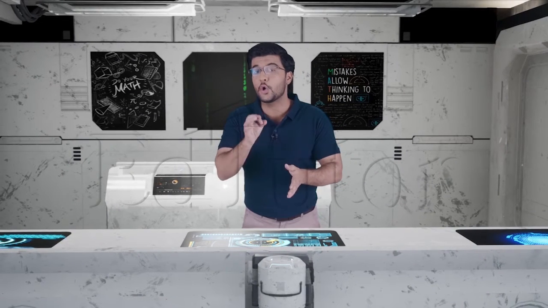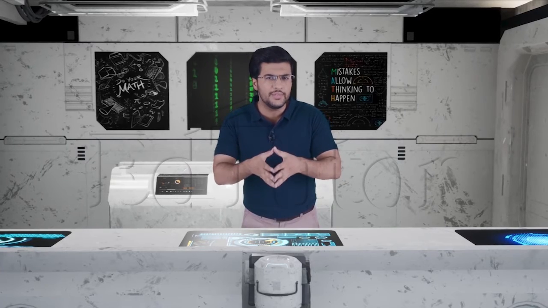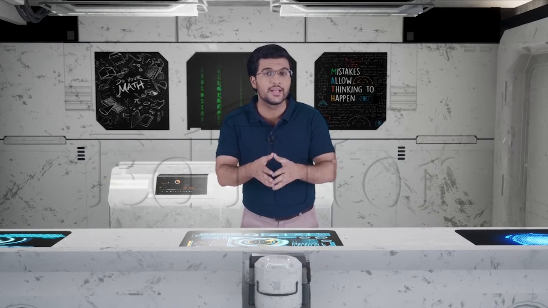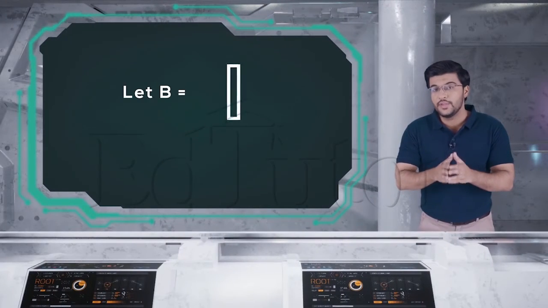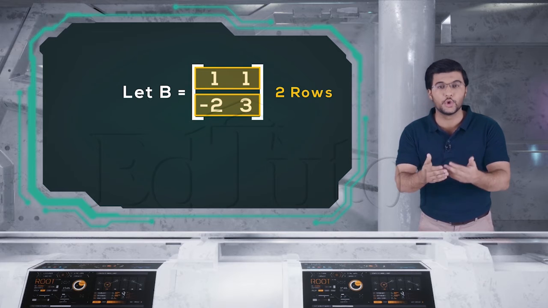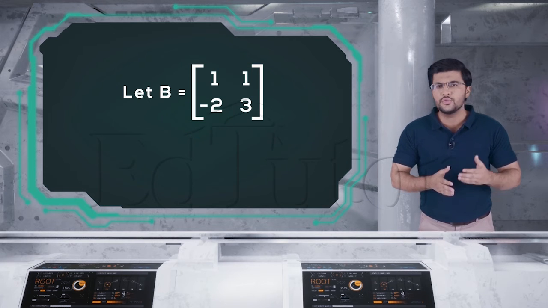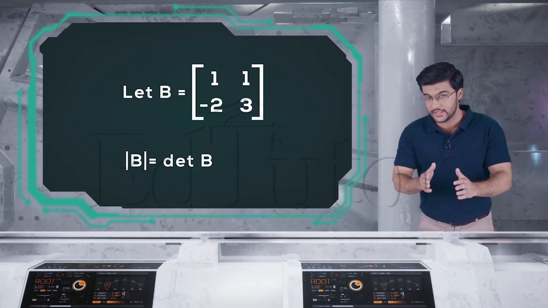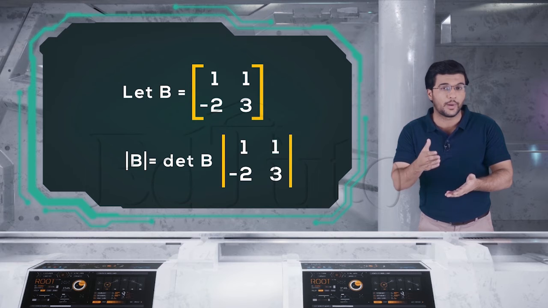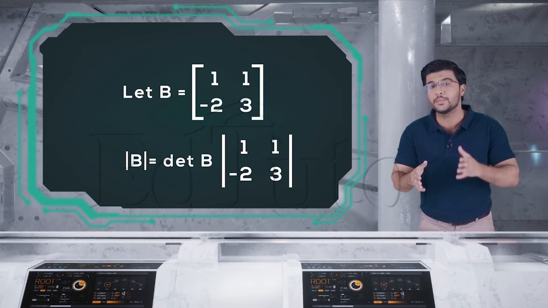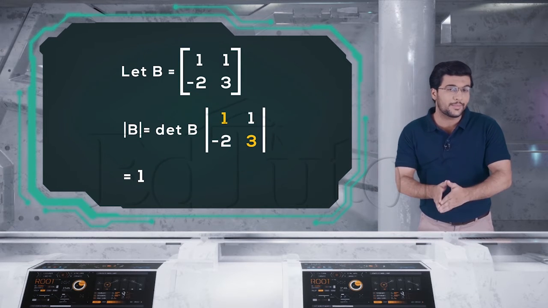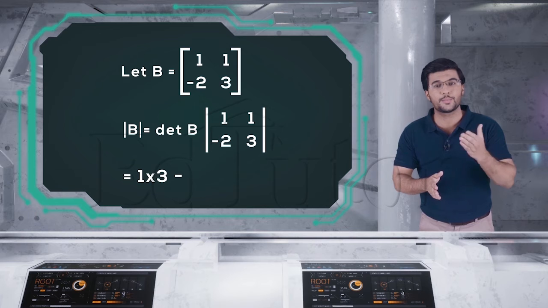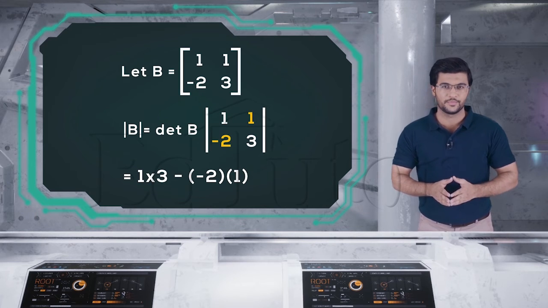An example is always helpful. So we will see an example of a matrix with numbers. We have matrix B with 2 rows and 2 columns. To find its determinant, first replace the brackets with bars and then perform this operation. Multiply these two minus the product of these two.